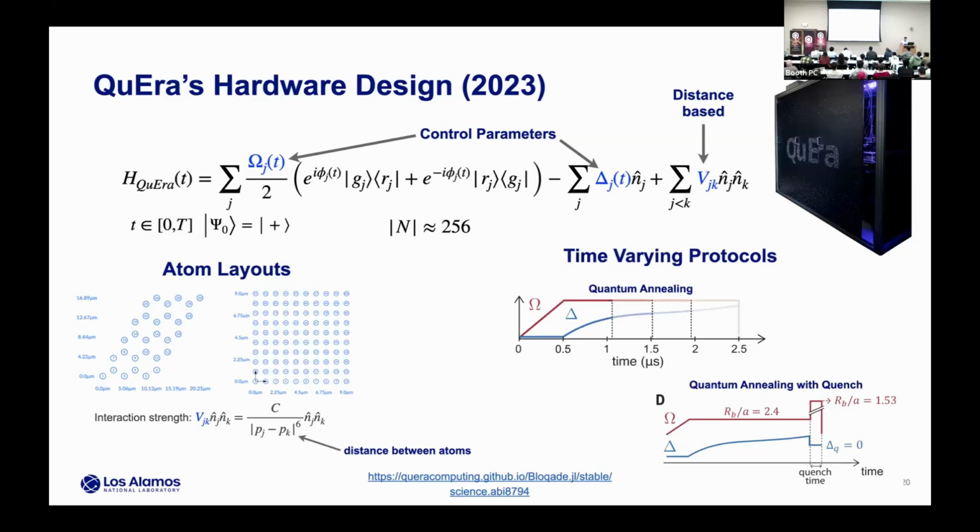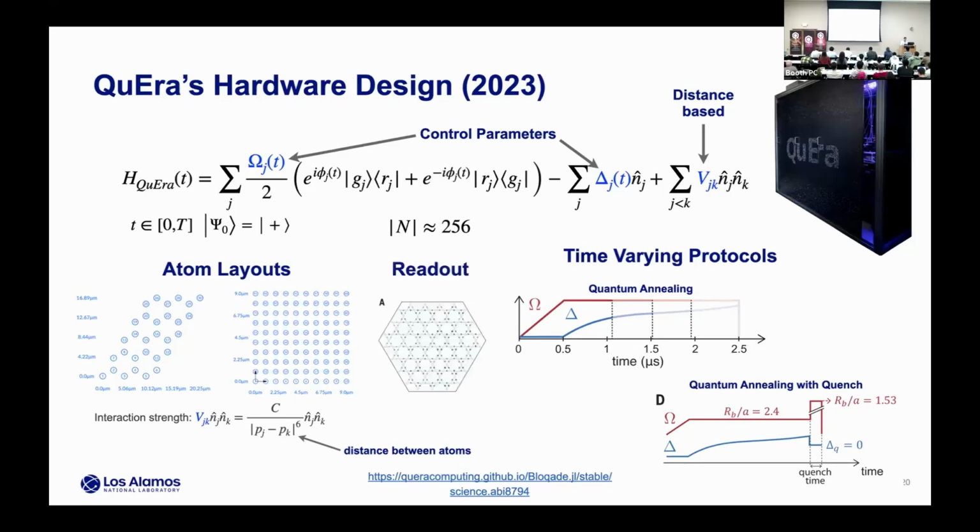Then when it comes to these time varying parameters, gamma and delta, you get a lot of freedom on what you do with this in the platform. So the picture on the top is a schedule that would implement the quantum annealing algorithm, but you can do much more exotic things like the one on the bottom, which does quantum annealing followed by a very fast quench, which can then change the type of information you're collecting out of the computer.